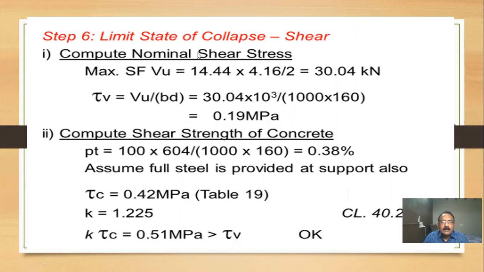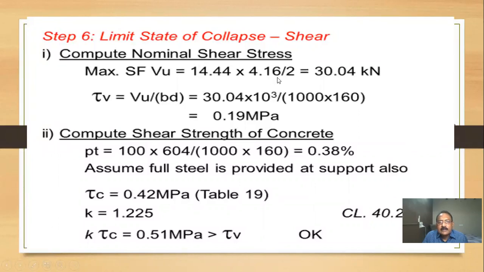Now we'll calculate the nominal shear. Nominal shear, I have to calculate Vu equal to that. What is the center to center span? 4 meters, 4.16, that depth, effective depth. How to calculate effective span? Clear span plus effective depth, or clear span plus half of width of two sides.